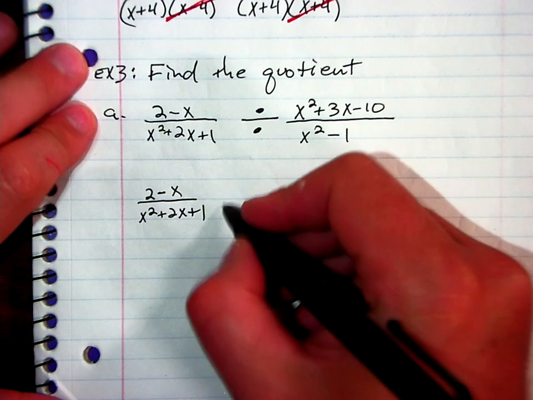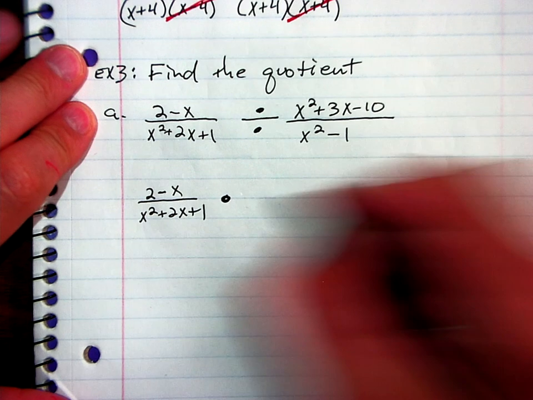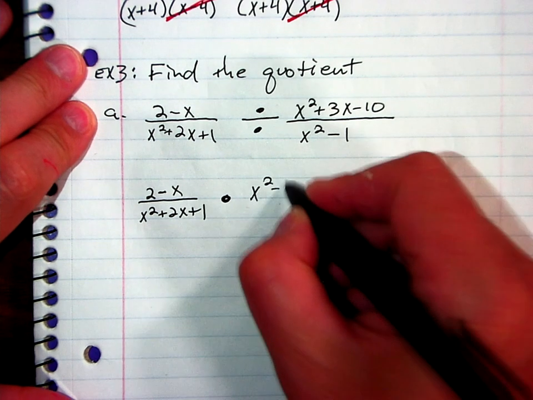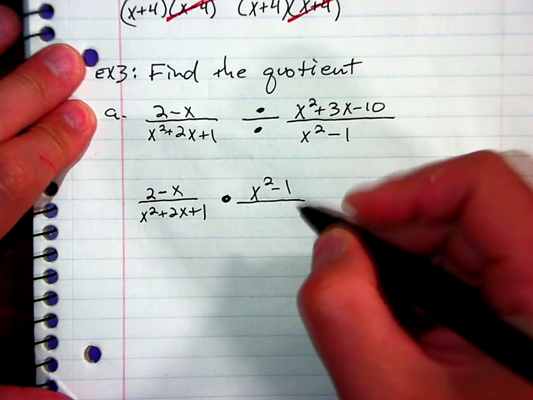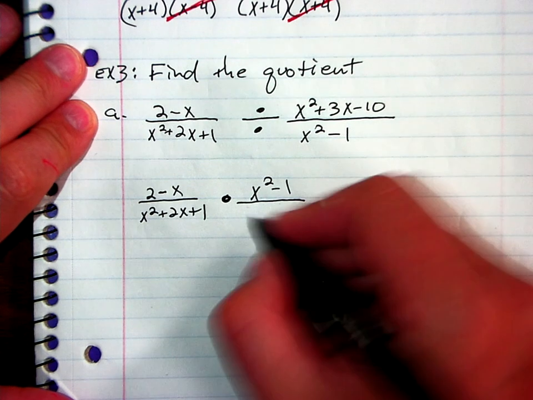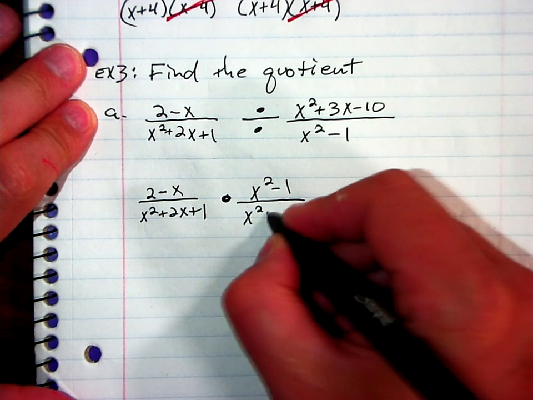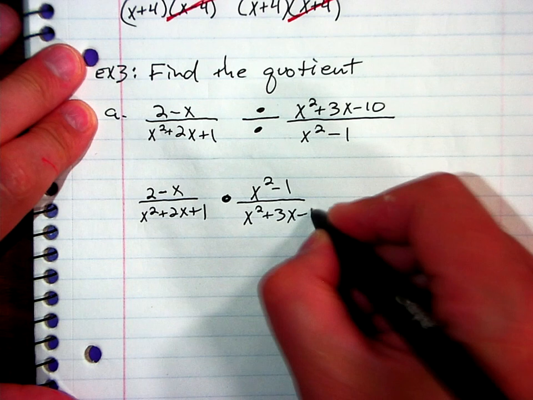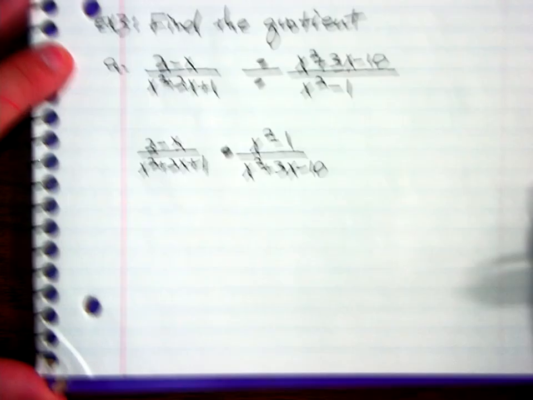Now you flip it, so x squared minus 1. It's also known as a reciprocal in math land.